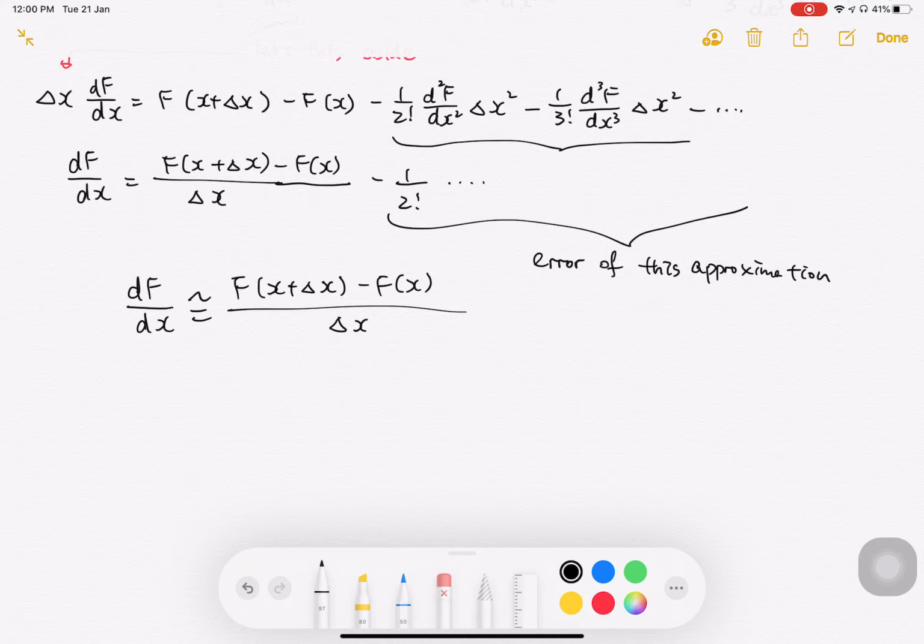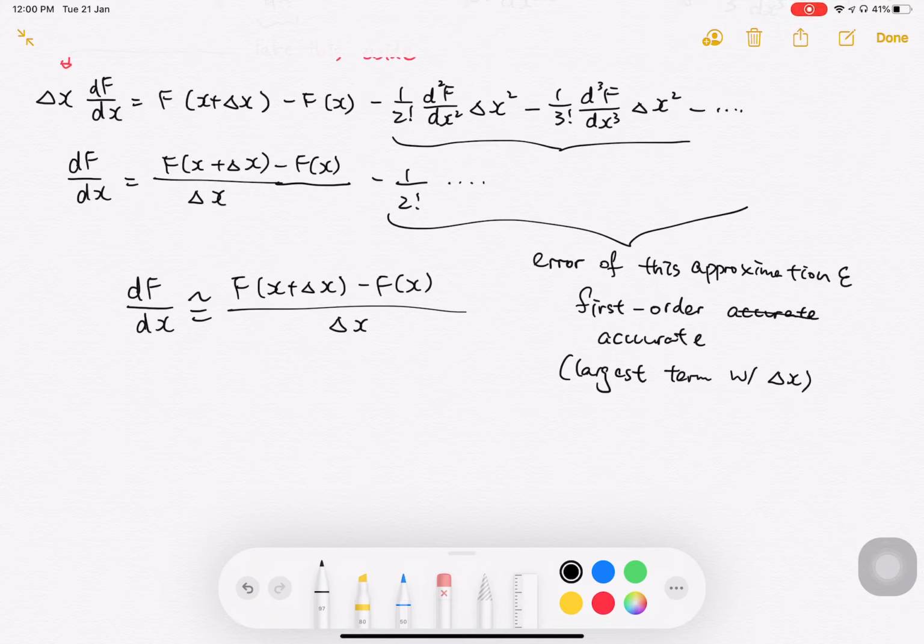And this error, we call this first order accurate, because the largest term in your error is with delta x.